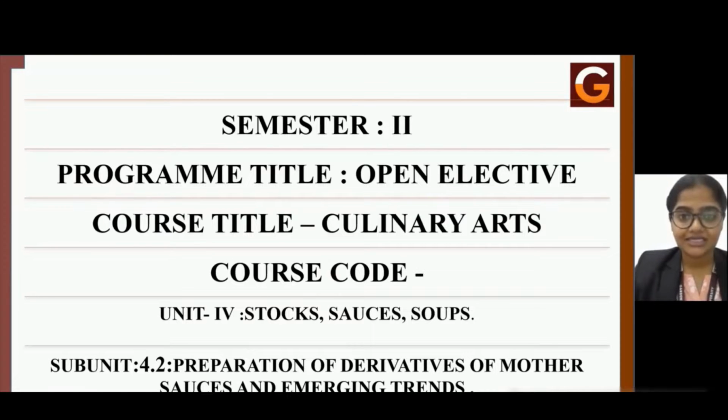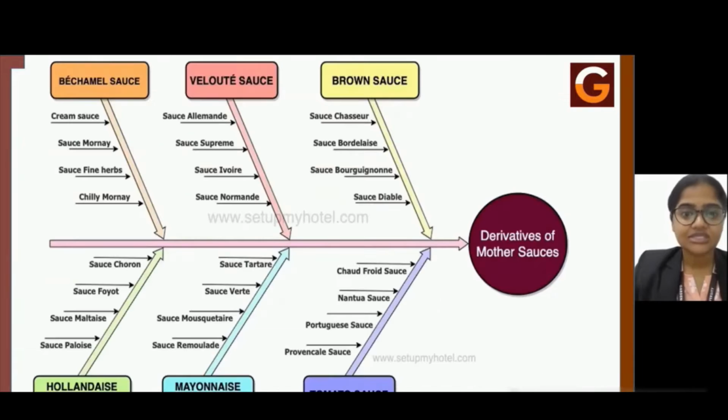Now, let's understand what we'll be covering in today's session. You'll be understanding the mother sauces, their derivatives, and the methods of preparing these derivative sauces. The mother sauces are the bechamel sauce, which comes under the classification of hot mother sauces, velouté sauce, brown sauce, hollandaise sauce, mayonnaise sauce, and the tomato sauce.